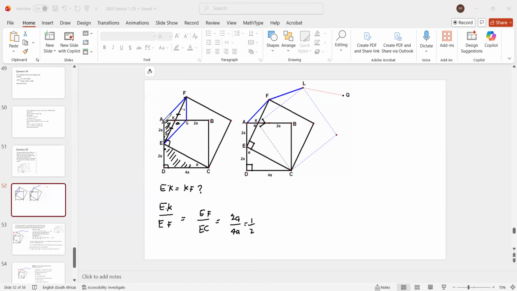Now, I join AG, and I have an interesting figure here. AFGE, we got that EK is equal to KF, and we got AK is equal to AG, because we said that earlier. So it means that these two diagonals bisect each other in this quadrilateral. And any quadrilateral where the diagonals bisect each other, it's a theorem in geometry, is a parallelogram.